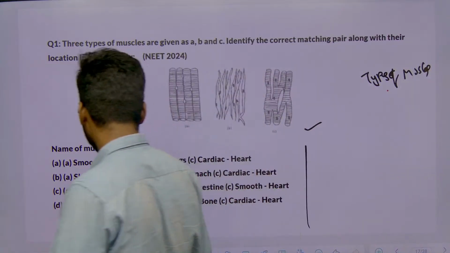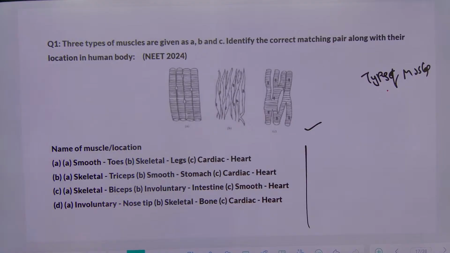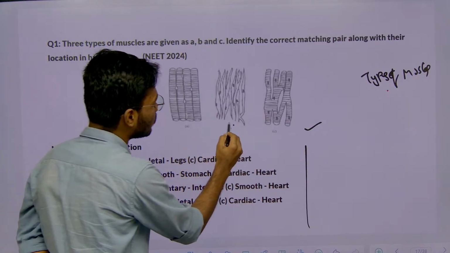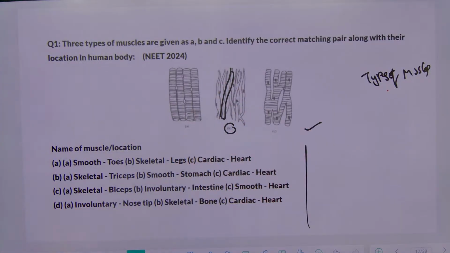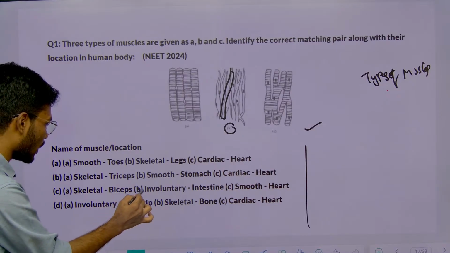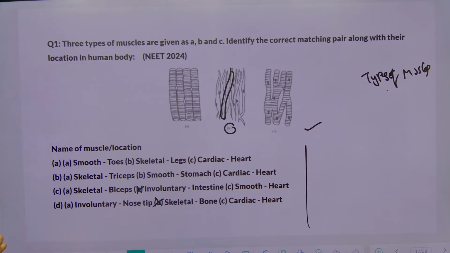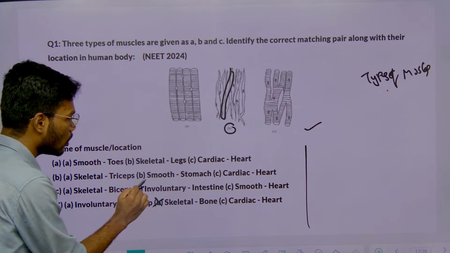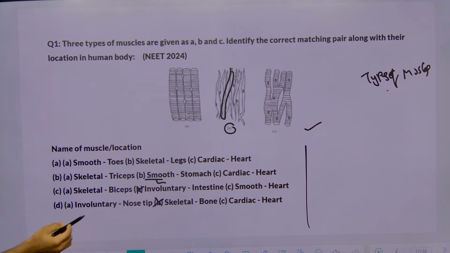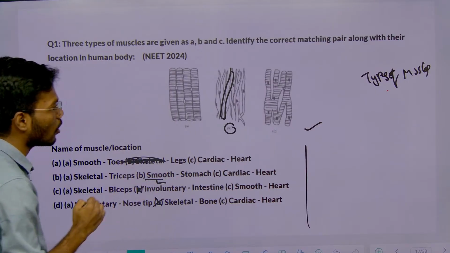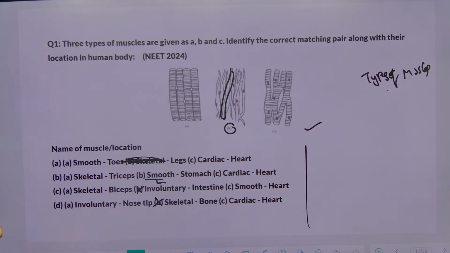So they are telling B, right? This is definitely B because this is a fusiform shape. So that may be definitely smooth. So B definitely smooth means we can eliminate these two options. So smooth, right? Here also, this is skeletal, this is also wrong. So you can easily eliminate this option based on the structure of this muscle. We can easily identify this is option B.